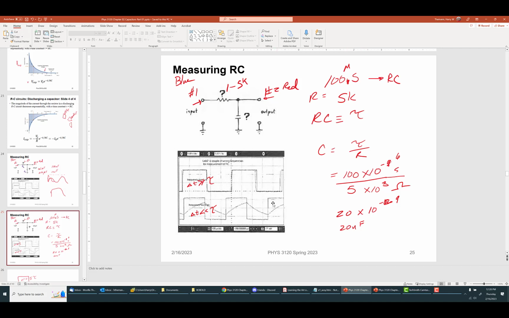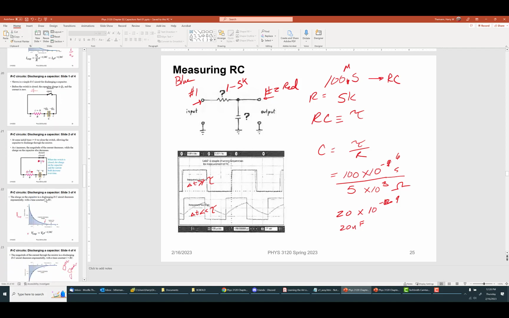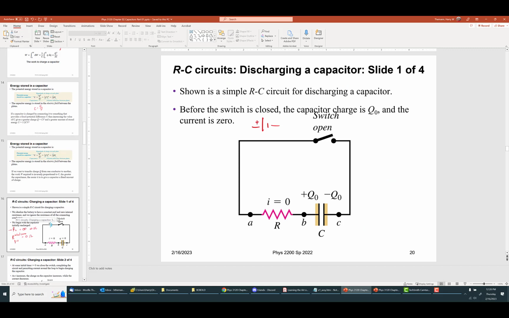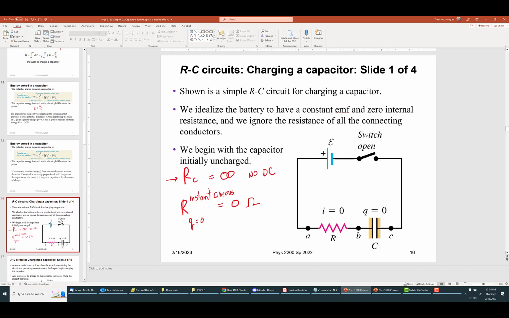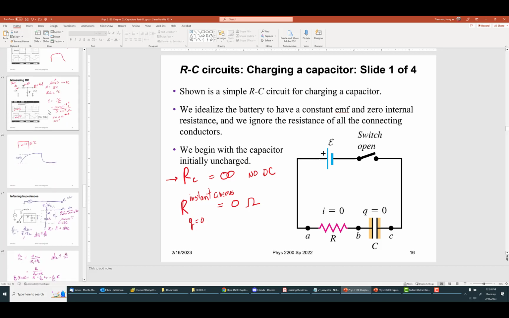So people are using 10 to 20 nanofarads. The other thing was to use a square wave, and the square wave is going to get you the discharge and the charging, so no switches needed.